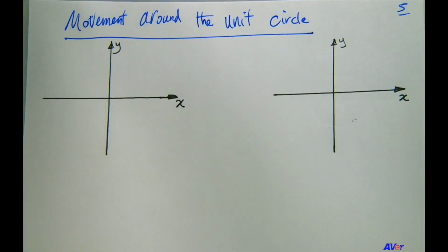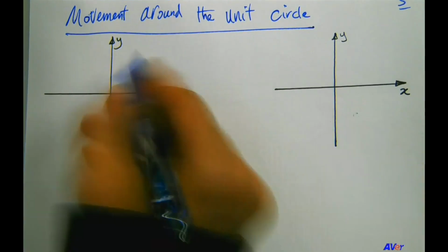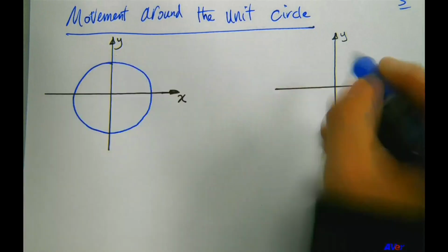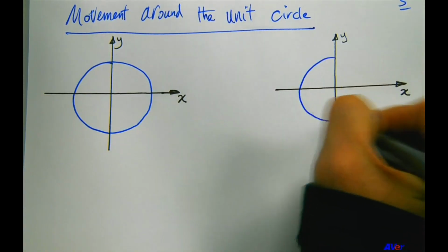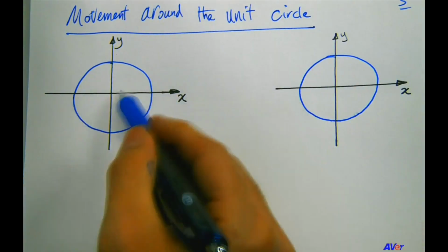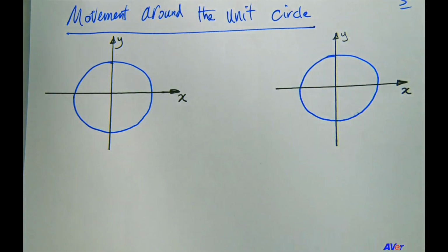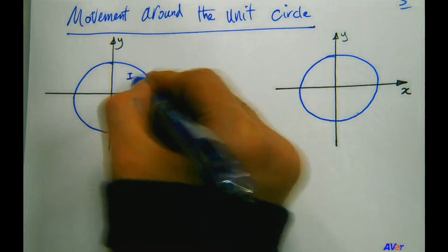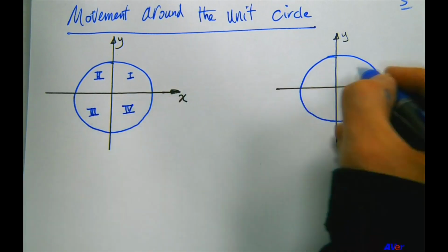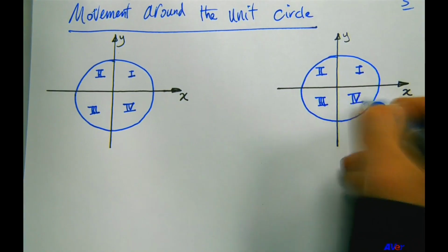And let's draw a couple of circles here. These are supposed to be centered at the origin, and I know I'm off, so please pardon that. But let's assume that these are unit circles centered at the origin. And then, of course, we have the quadrants, so first quadrant, second quadrant, third quadrant, and the fourth quadrant, here, like that.